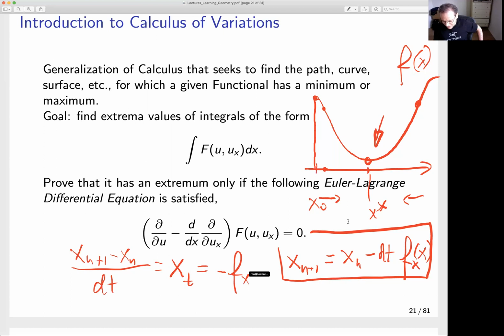This is called the gradient descent process, and it would take the point x0 into x1, then x1 into x2, x2 into x3, and eventually I would probably wobble about this point, and there are ways to stop that. And if I start from the other side of my valley, then I would go in the right direction, and this is a way of using gradient descent to find the local minimum of this function.